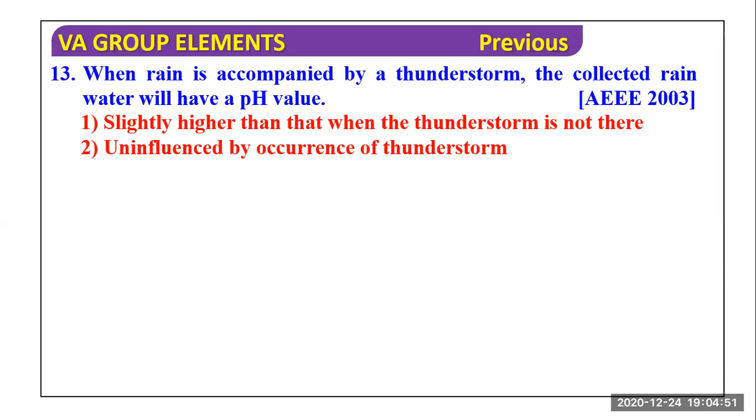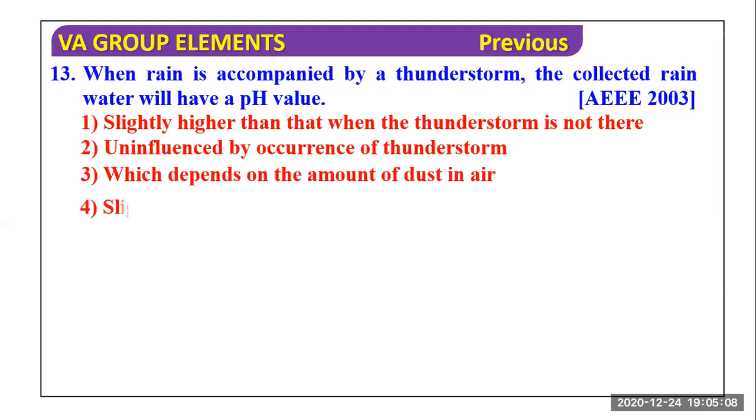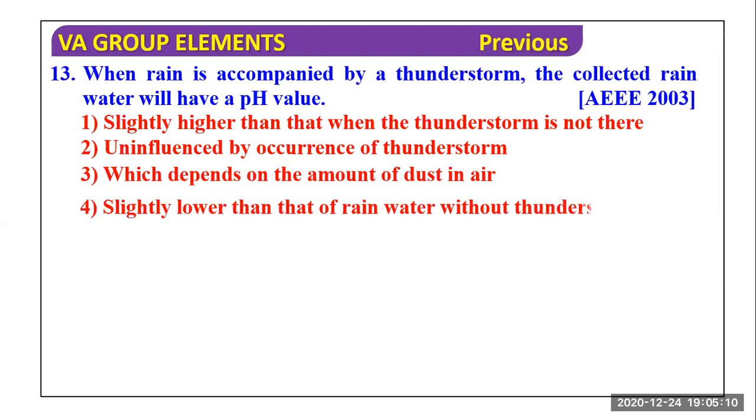So the options: is it slightly higher than that when there is no thunderstorm? Is it uninfluenced by the occurrence of thunderstorm? Does it depend on the amount of dust in the air? Is it slightly lower than that of rainwater without thunderstorm? So which one is the correct?